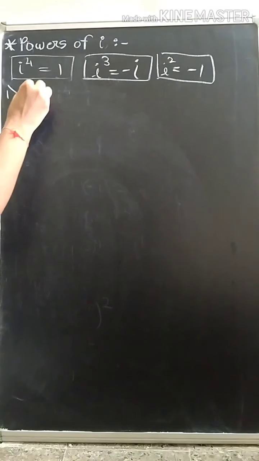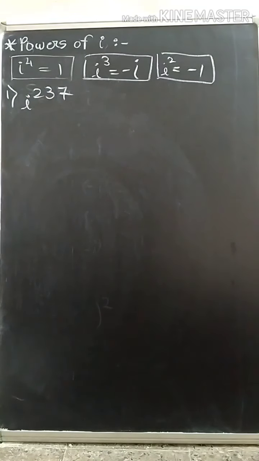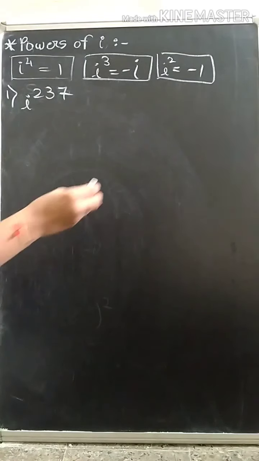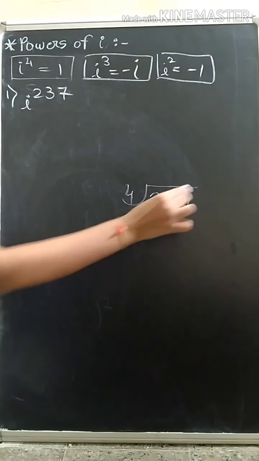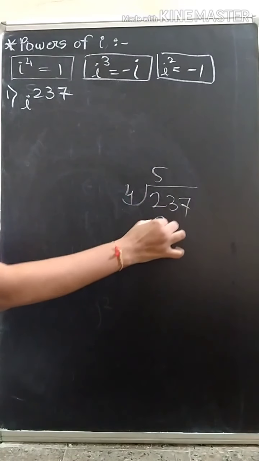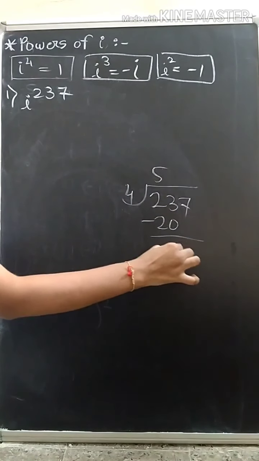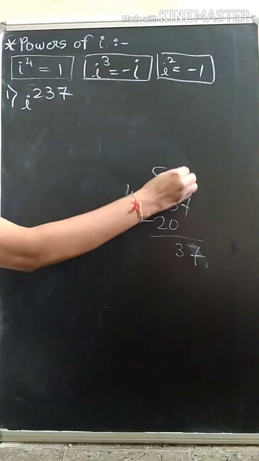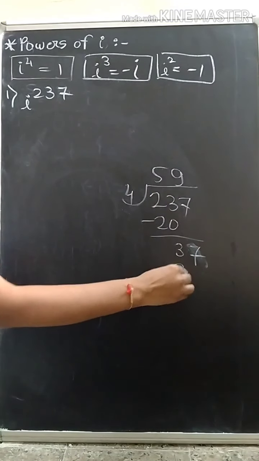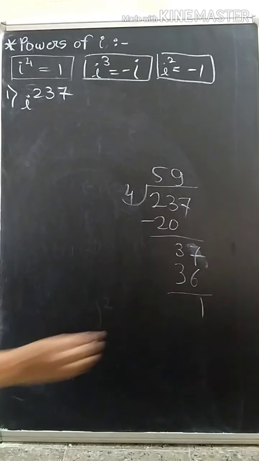First example, i raised to 237. So we have to divide 237 by 4. 4 fives are 20, 4 nines are 36. Remainder is 1.